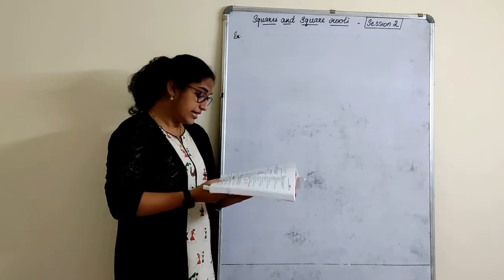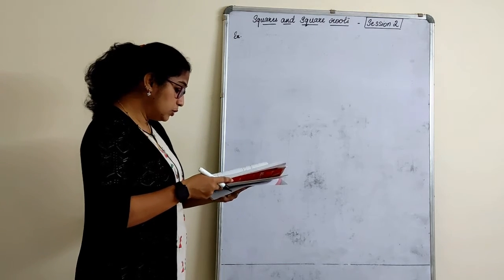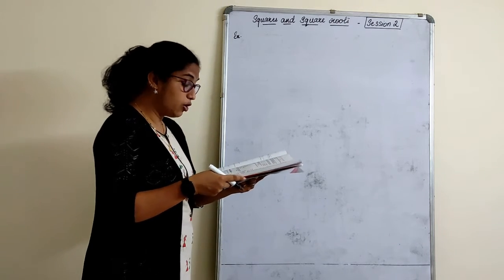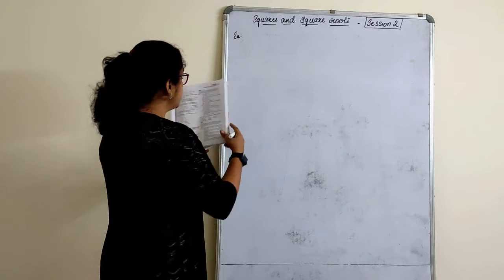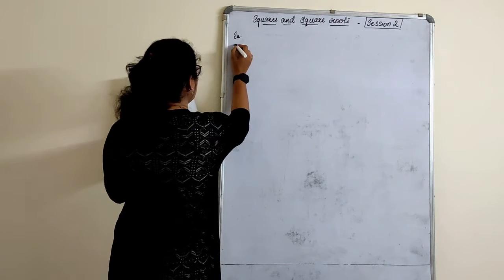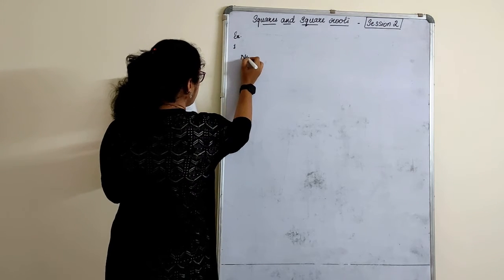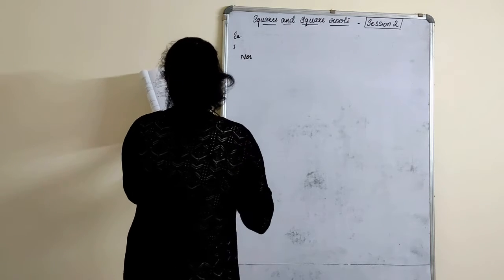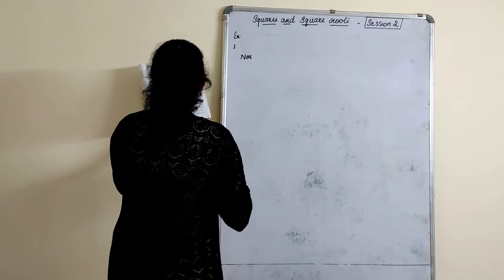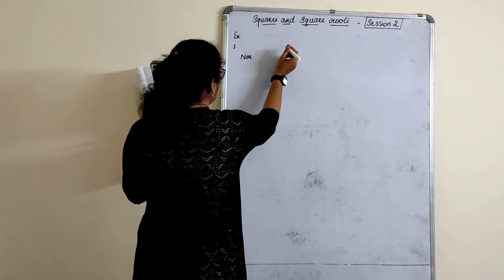We'll begin with the first exercise. What will be the unit digit of the square of the following numbers? What we will do here is make a tabular column. These are the given numbers. What will be the unit digit of the square of the given numbers?